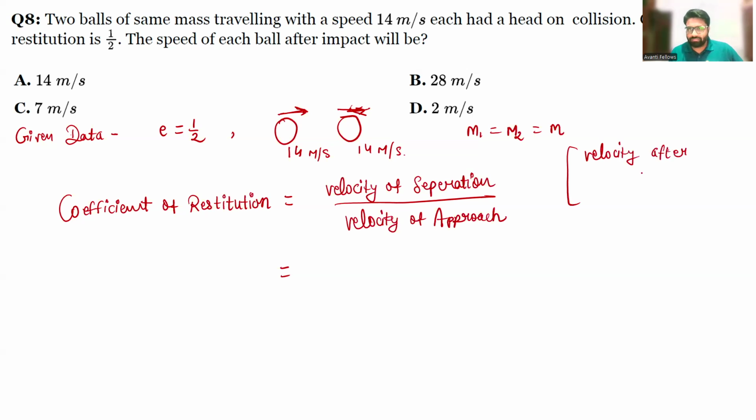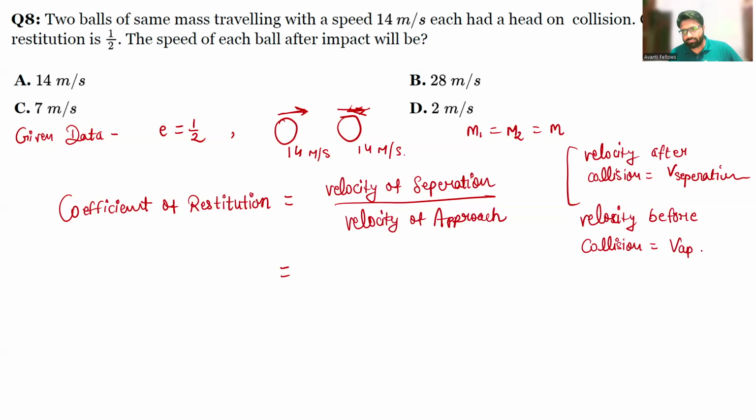Okay, so I'm going to write it also here that velocity after collision is the velocity of separation. Velocity before collision is equal to velocity of approach.